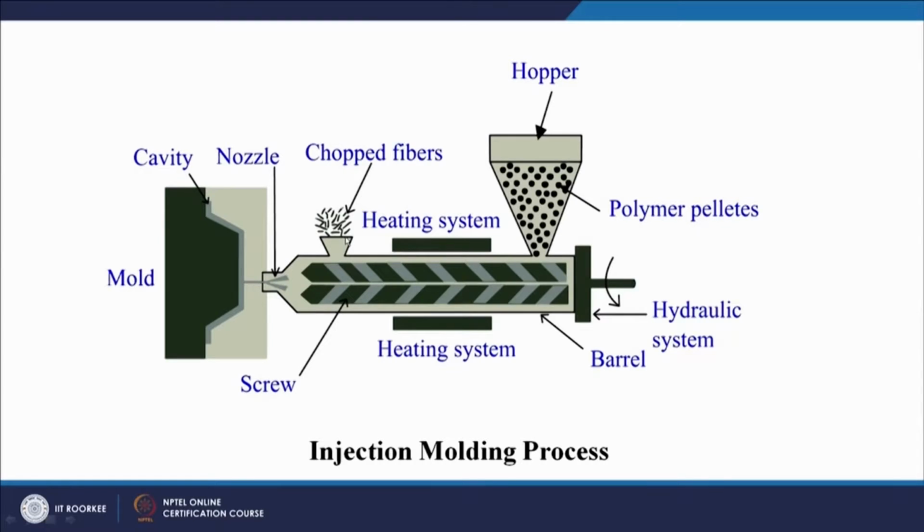So we have short fibers already in pellet form, and we may get pellets with glass fibers. For that we need not have this mechanism of introducing our fibers here. It will be a solid barrel without this mechanism. So the pellets itself will have the fibers. These are extremely small fibers which are there in the pellet form.